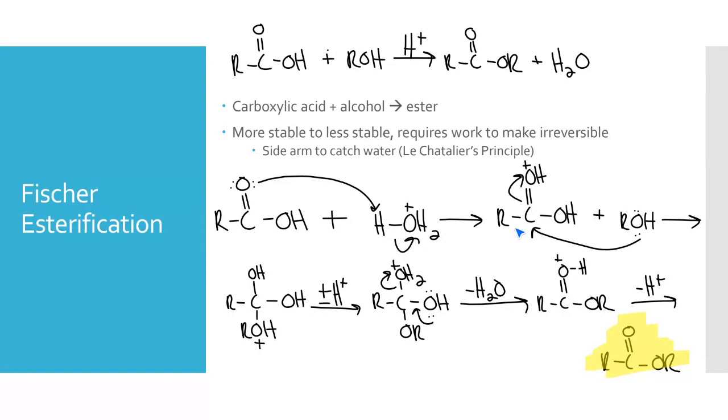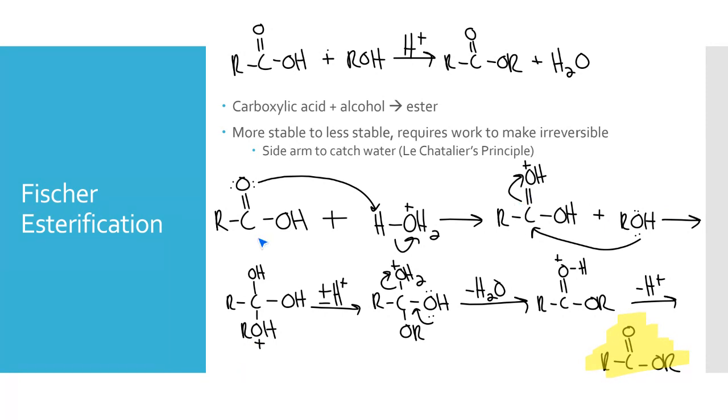So now that this is a strong electrophile, we can react with the alcohol, which is a weak nucleophile. Oxygen has 2 lone pairs of electrons. It's a nucleophile, so it'll attack the electrophilic carbon here, which will break this double bond, and those pi electrons will neutralize that positive charge on that oxygen here.